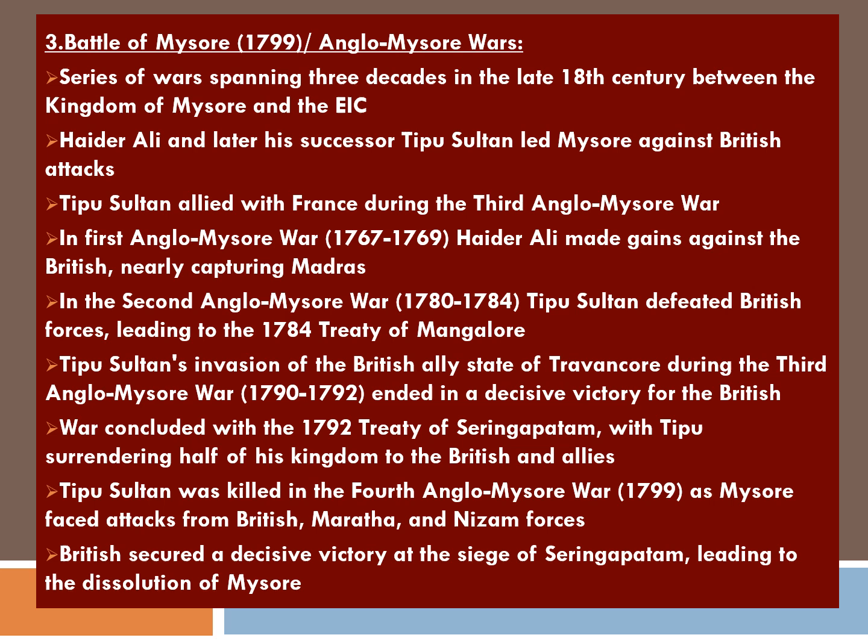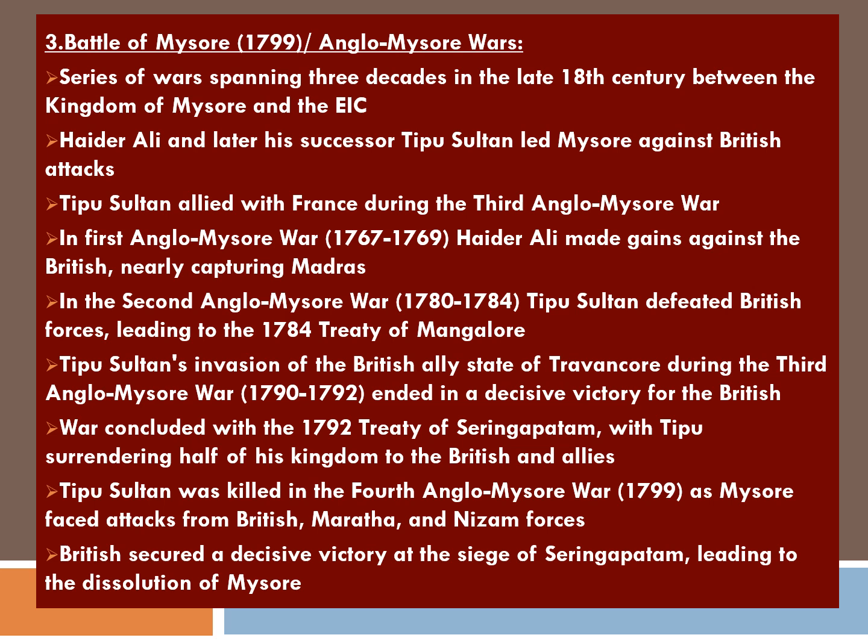Tipu Sultan defeated British forces, leading to the 1784 Treaty of Mangalore, notable for being the last British-Indian treaty with an Indian ruler on equal terms. Tipu Sultan's invasion of the British ally state Travancore during the Third Anglo-Mysore War ended in a decisive victory for the British. The war concluded with the 1792 Treaty of Seringapatam, with Tipu surrendering half of his kingdom to the British and allies.